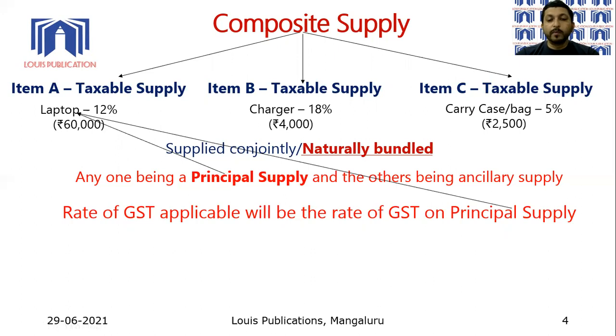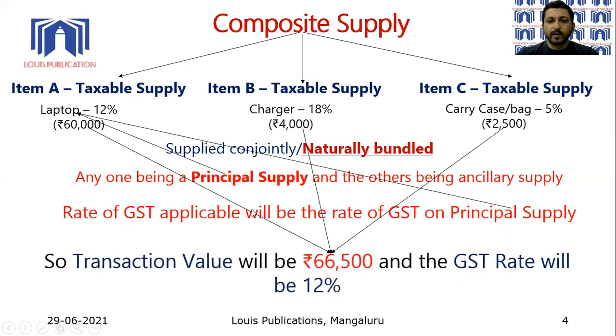Now, what will be the rate of GST applicable? So the point is very simple. The transaction value here is 66,500 rupees. That is 60,000, 4,000, and 2,500. Transaction value will be 66,500, and the GST rate will be 12%, because we have 12% here, 18% here, and 5% here.